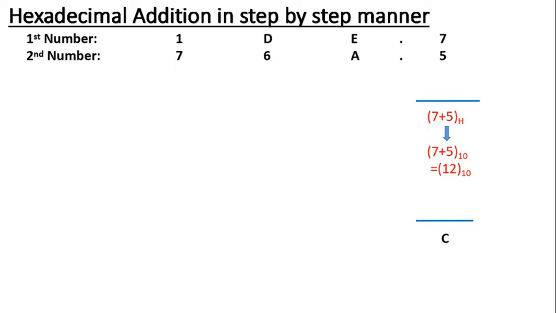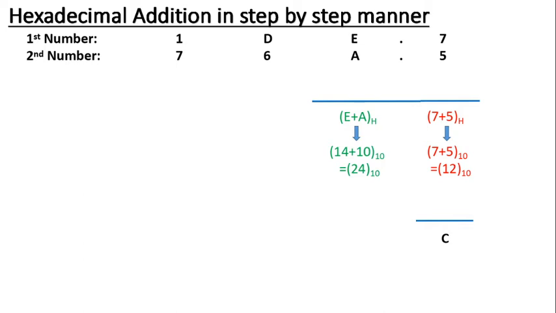The next digits of the given hexadecimal numbers are E and A. When we perform their addition, no carry is forwarded, because the base of 16 was not subtracted in the earlier step. Then we go to the next step: E plus A hexadecimal.